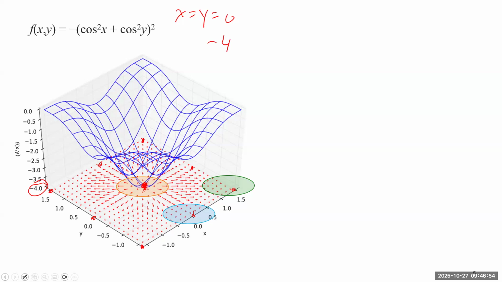So we have 1 minimum point and 4 maximal points. If I draw all of them, this is another maximal point, and 4 stationary saddle points.